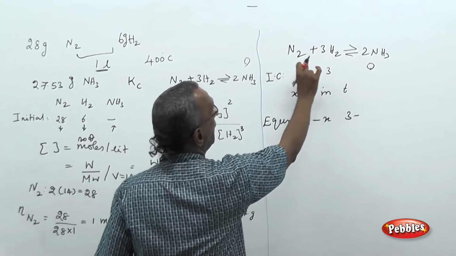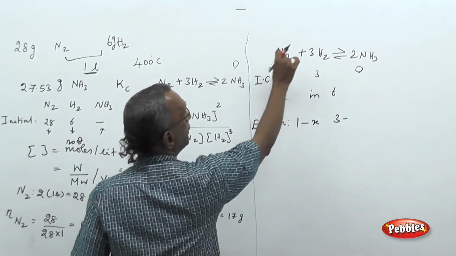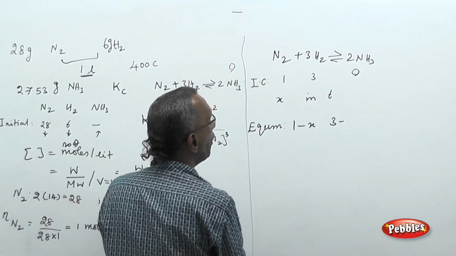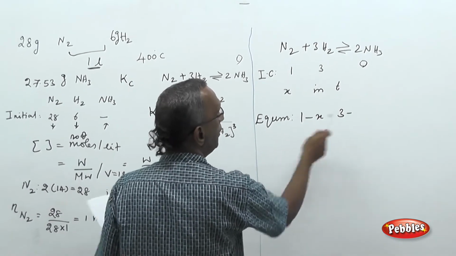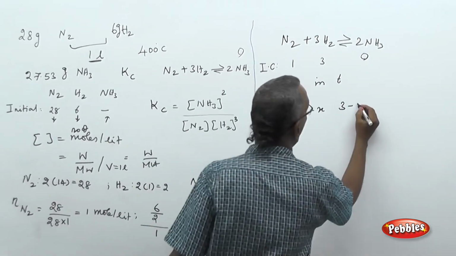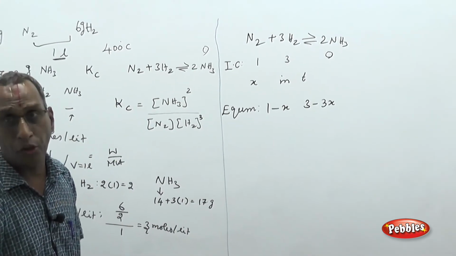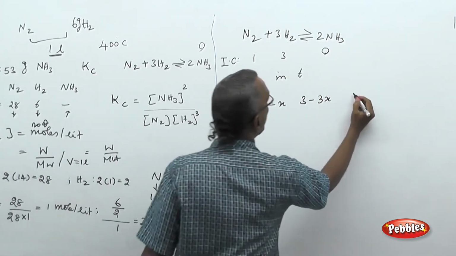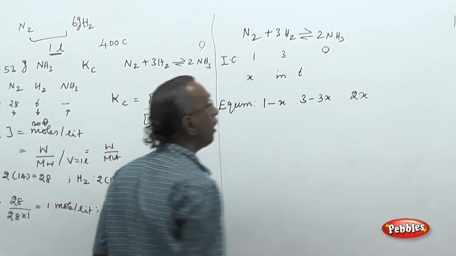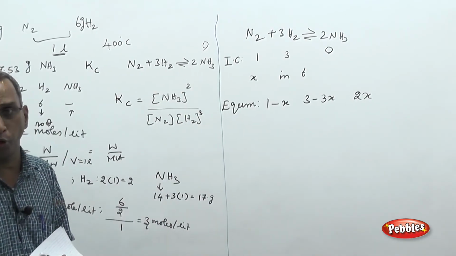As per the stoichiometry, 1 part of nitrogen consumes 3 parts of hydrogen. So X moles of nitrogen have reacted, which means 3X moles of hydrogen have been consumed and 2X moles of ammonia would be formed. It is just a proportion.